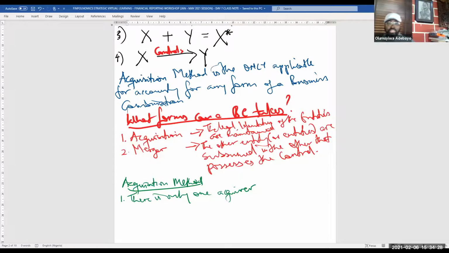Now, let's look at the second one, the merger between Access and Diamond. Even though one has been subsumed, probably before the subsumption, who is the acquirer in that business combination?